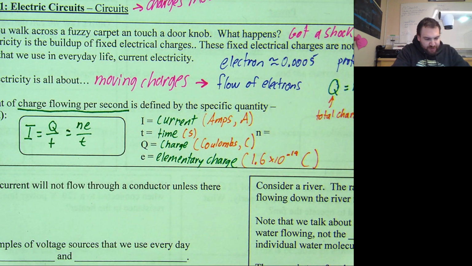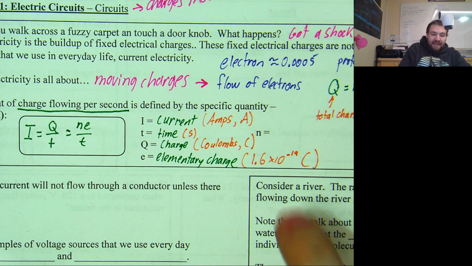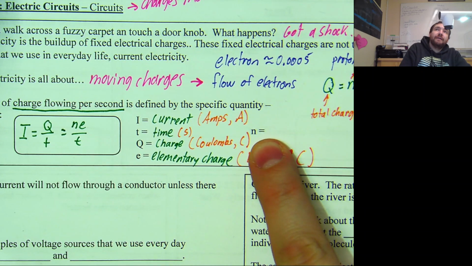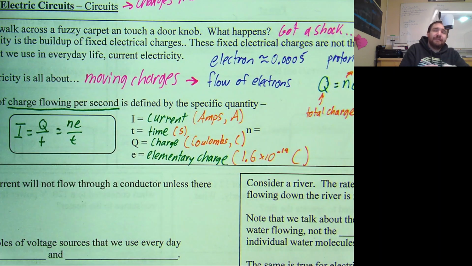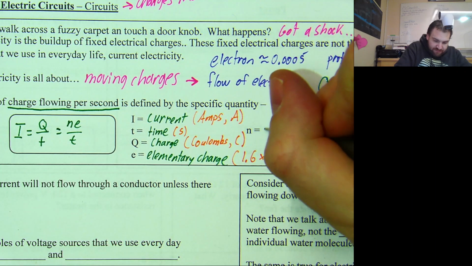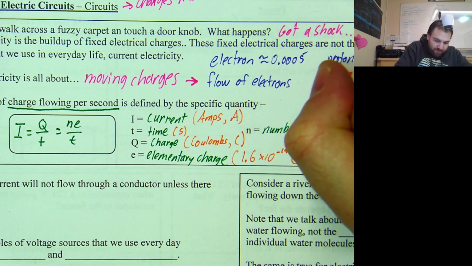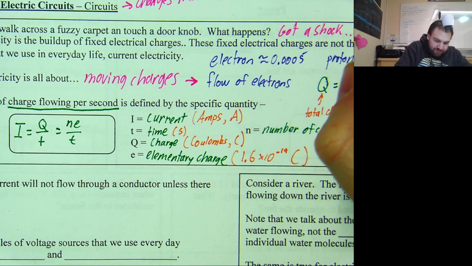Interestingly enough, it's also the amount of charge held by a single proton. The amount of charge an object holds has nothing to do with its mass. And then N is, as I said before, the number of charges.